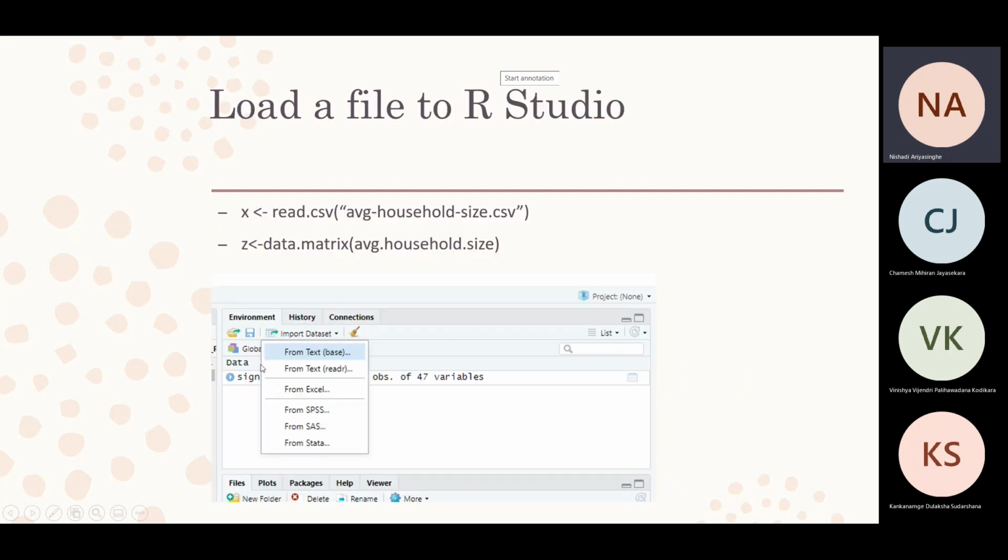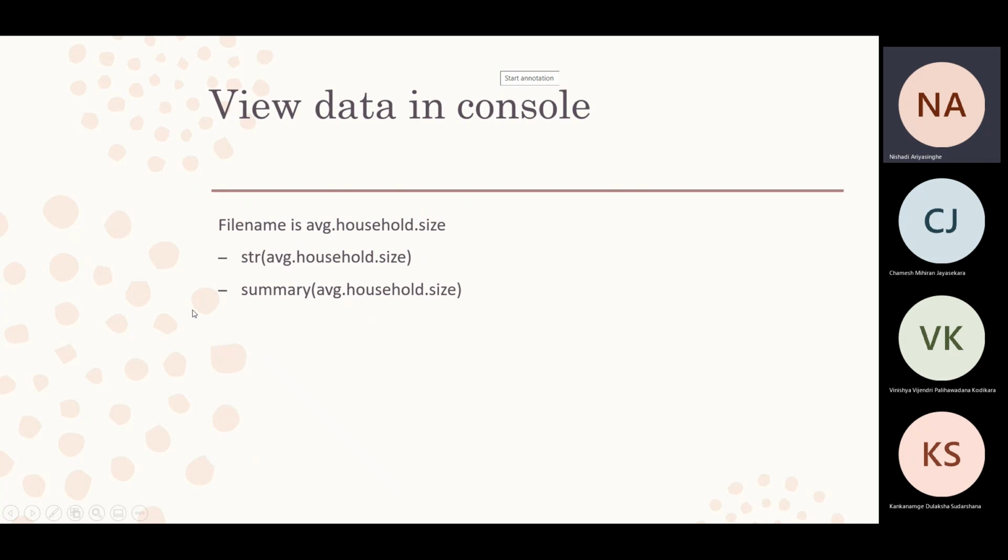We'll come to them later. You just simply try to load the file into your working environment. You can either use this read.csv command, or you can import the dataset from here. After importing the dataset, you can create a matrix and point to a variable, right?